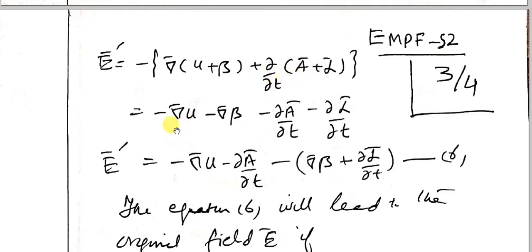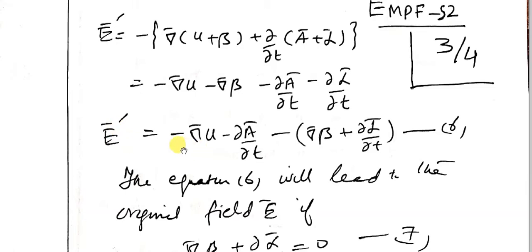So altogether rearranging, we get minus gradient of U minus gradient of β minus ∂A/∂t minus ∂α/∂t. So rearranging and simplifying, we get E prime is equal to minus gradient of U minus ∂A/∂t minus gradient of β plus ∂α/∂t, equation number 6.